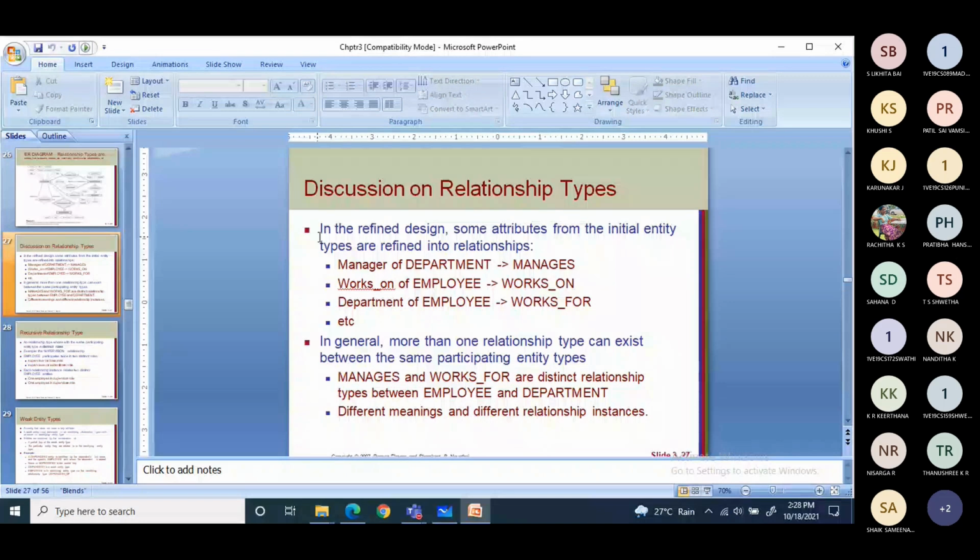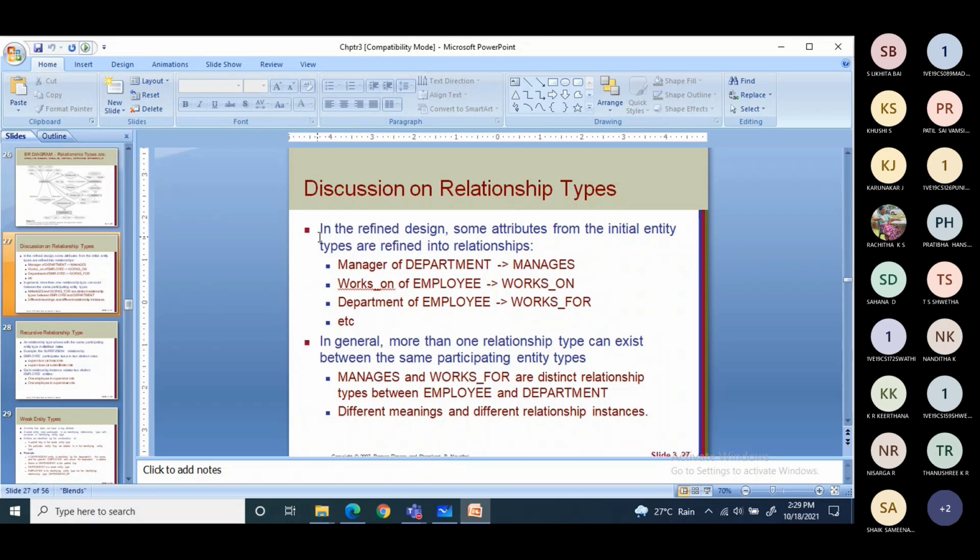The best example is manages and works for, distinct relationship types between employee and department. The employee manages, or employee works for. Both are distinct relationship types between employee and department, which give different meanings and different relationship instances.